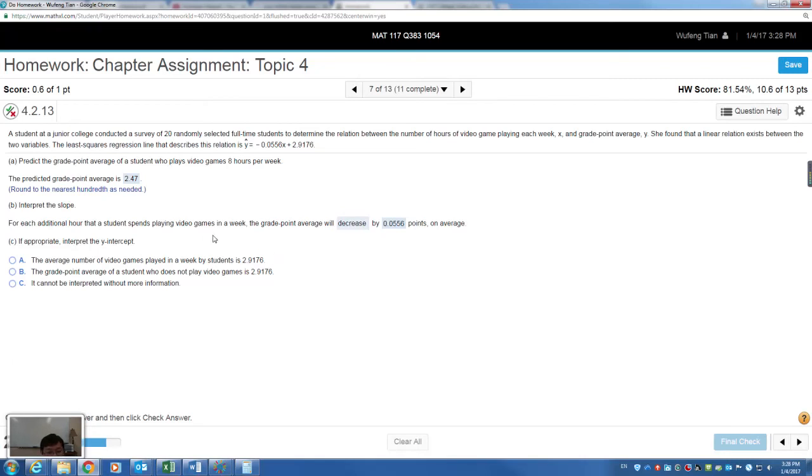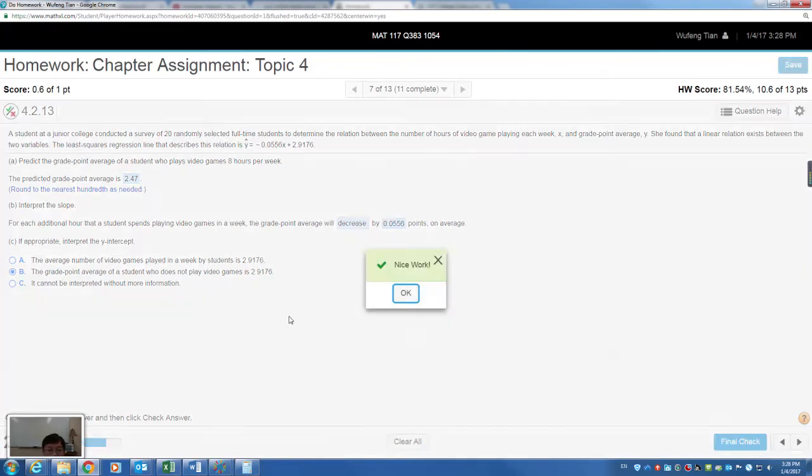If you want an A, play fewer video games, right? All right. If appropriate, interpret the y-intercept. The y-intercept means the student never plays video games. So if the student doesn't play video games, that's the score: the grade point average of a student who does not play video games. The y-intercept means x equals 0, they play 0 video games. So that's it.